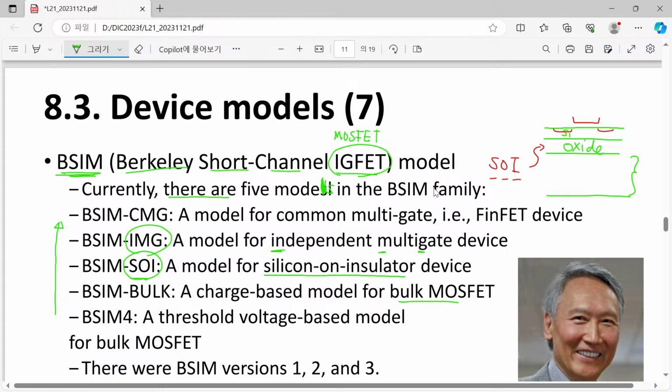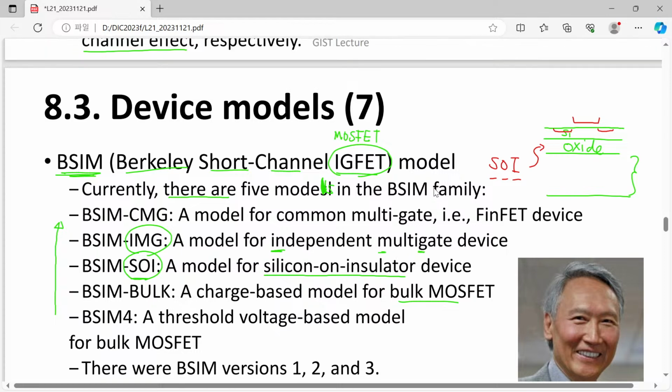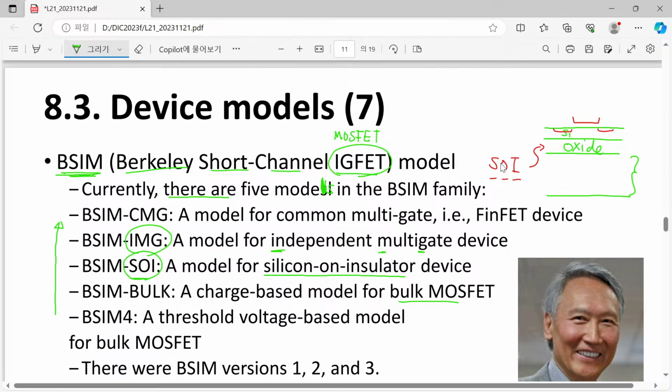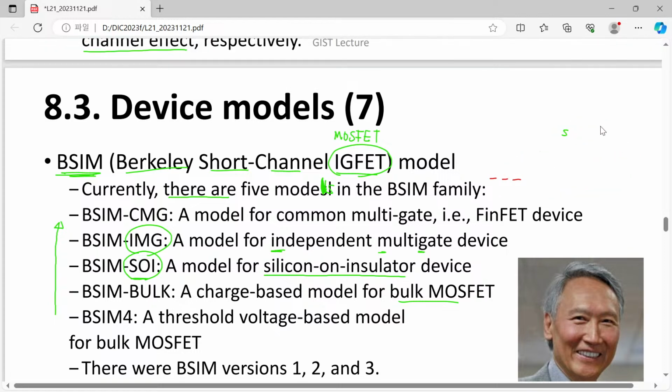But what I wanted to say is what is currently being used in many cases in logic simulation. That is certainly BSIM-CMG. Here C means common multigate. Why do we have common and independent?